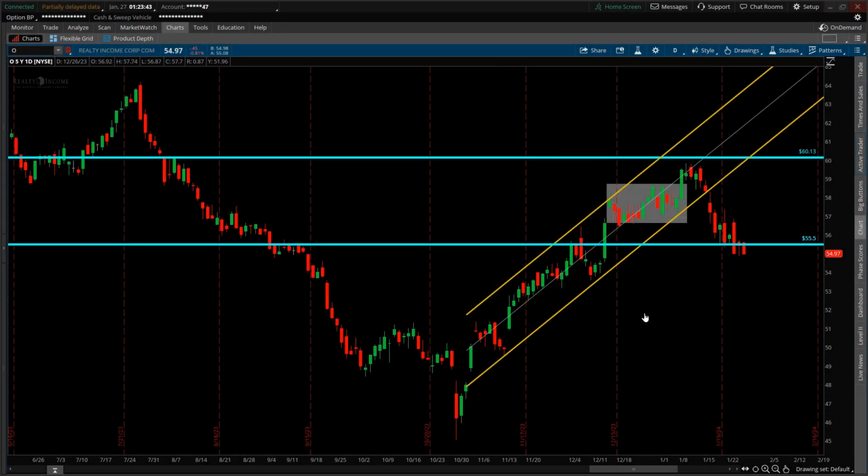So it's been about 2 weeks since the initial recording, and as of Friday's close, Realty Income ended the session at $54.97.